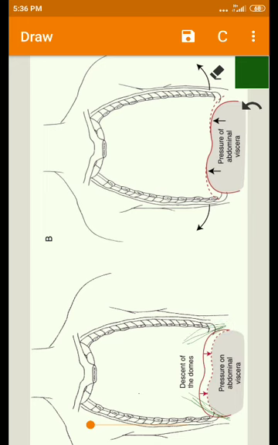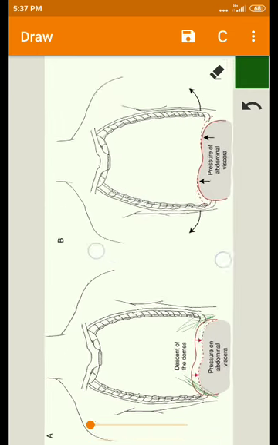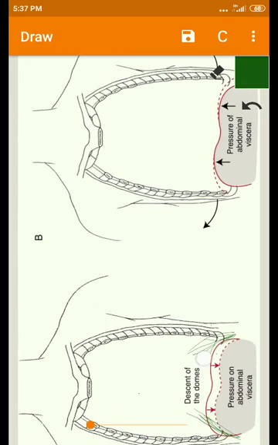So what happens? With the shortening of the muscle fibers, the angle of pull is vertically downwards. These fibers are arranged vertically, so the force is also acting vertically downwards.